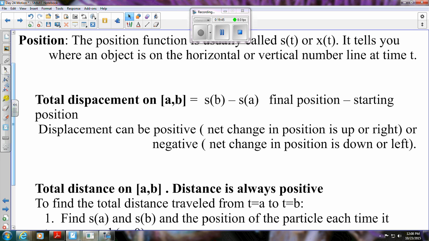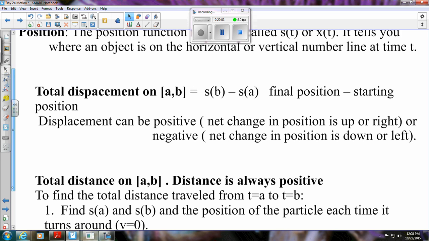When we get a negative value, it basically means the net change in position is to the left. It's a scalar. We're not even going to be using vectors in here, so don't even worry about it.